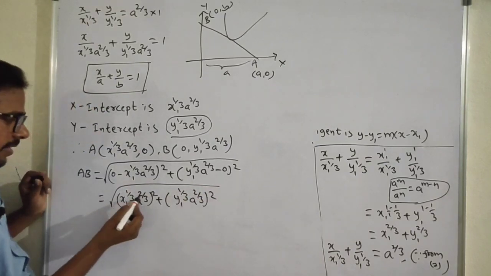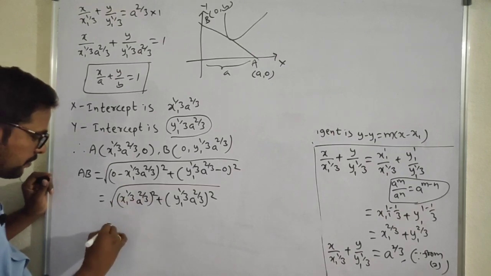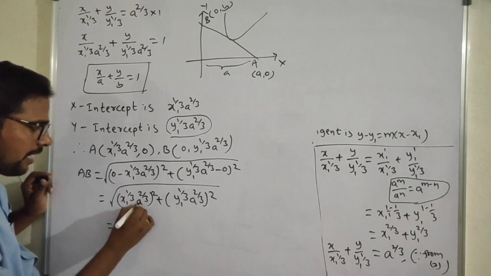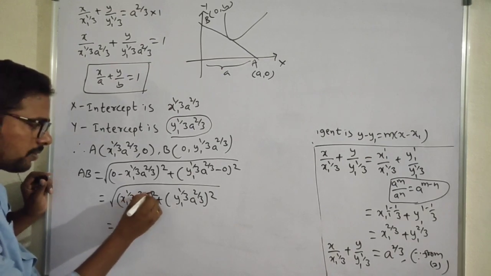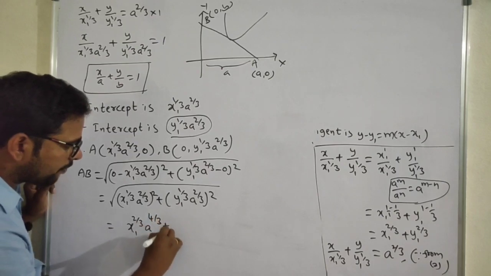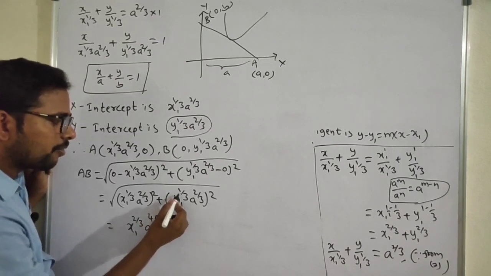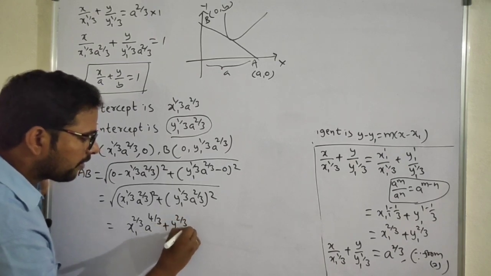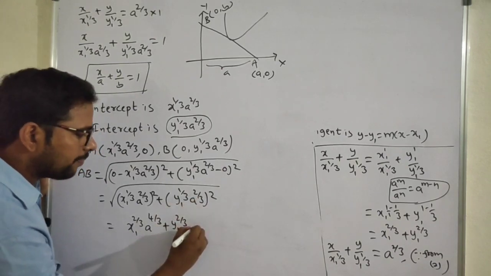Now x1 power 1 by 3 whole square becomes x1 power 2 by 3. Next, a power 2 by 3 whole square is a power 4 by 3. Plus, similarly, y1 power 1 by 3 whole square is y1 power 2 by 3, and a power 2 by 3 whole square is a power 4 by 3.